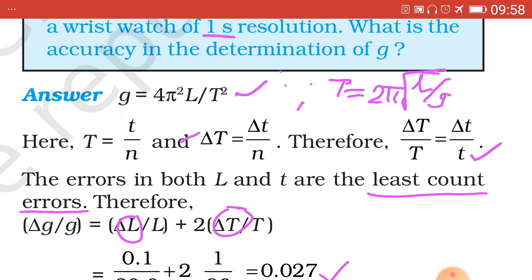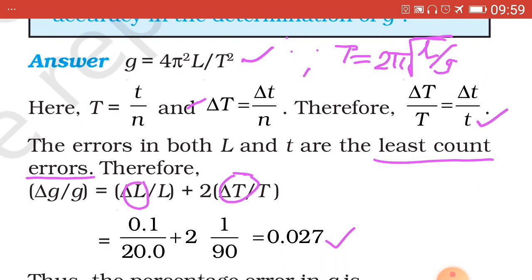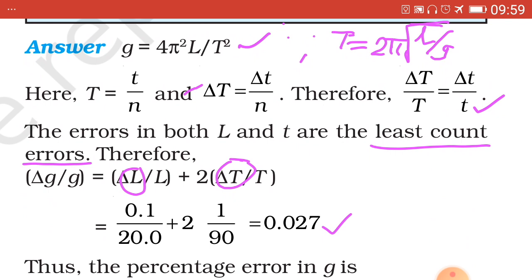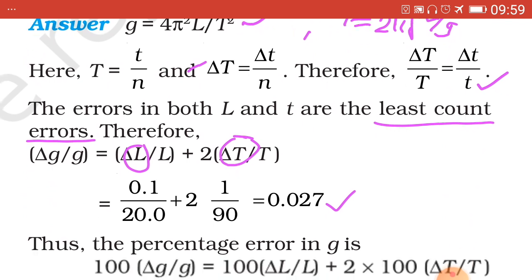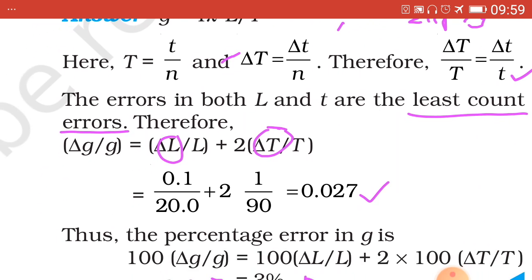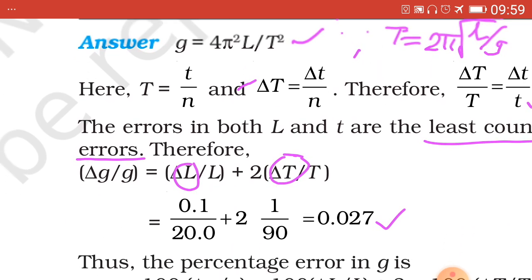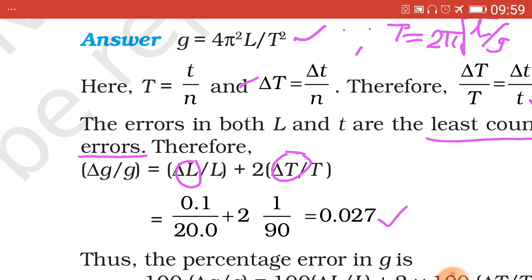So therefore delta T capital upon T capital equal to delta t small upon t small, which has been tick marked. Now the errors in capital L and T are least count errors. Therefore, we use the formula delta G upon G from the original formula which has been tick marked.